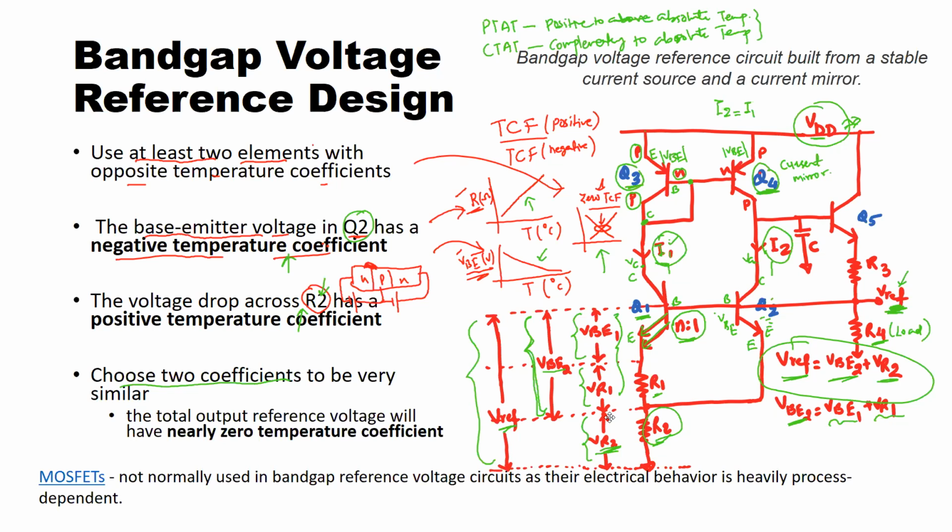We don't normally use MOSFETs to create bandgap reference voltage circuits because their electrical behavior is heavily process dependent, so they are less immune to process variations as compared to BJTs. But in case we come across circuits using MOSFETs, we'll try to put them up for your knowledge.